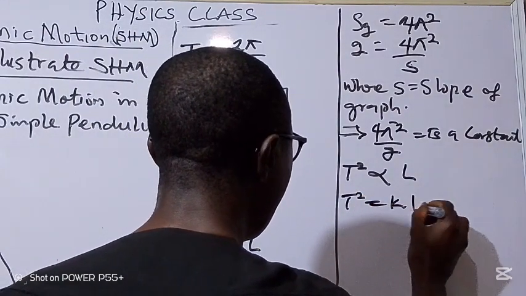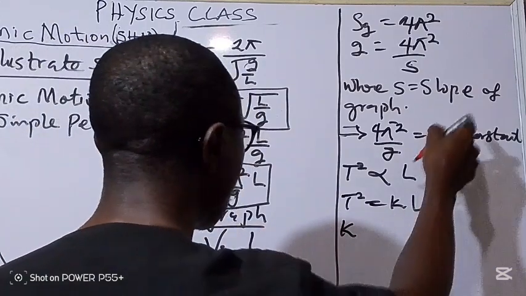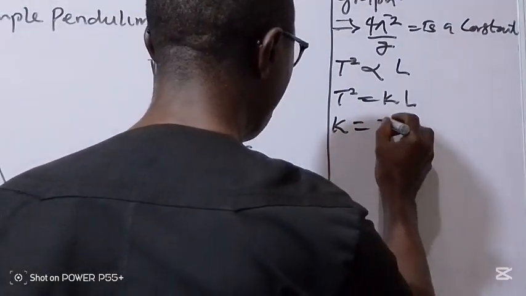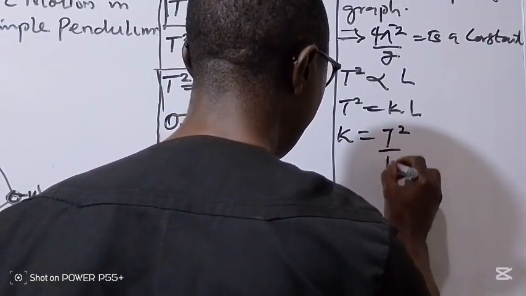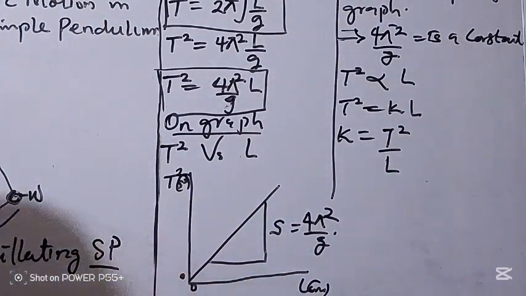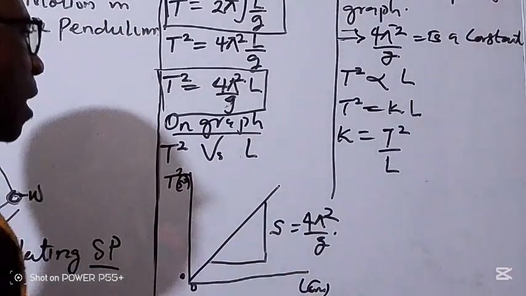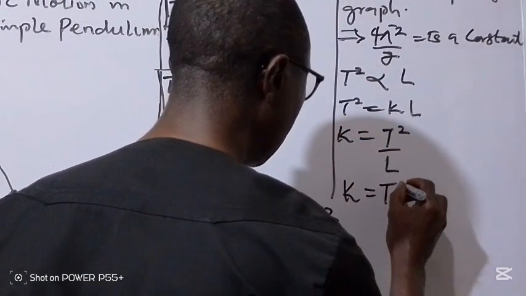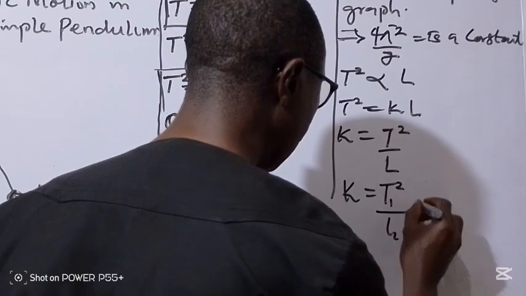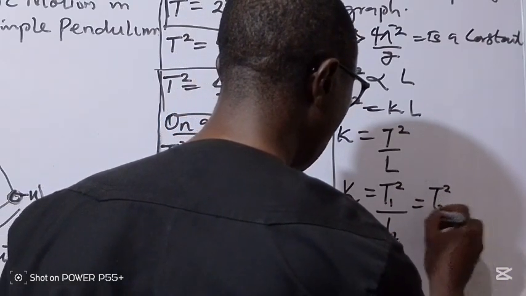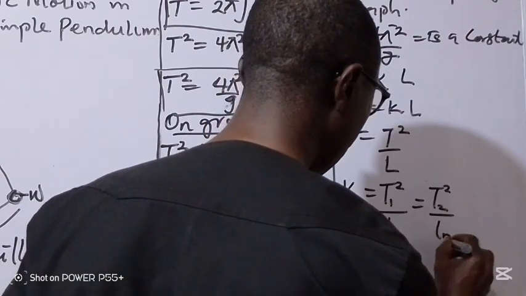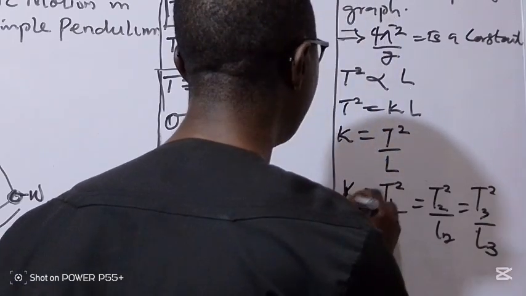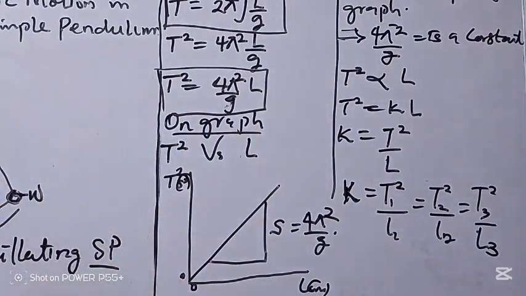Then our K, which is a constant, that is the value of 4 pi squared over G, will be equal to t squared over L. Now, if this is put into an experiment, we can have a series of t and L. So K can be equal to t1 squared over L1, equal to t2 squared over L2, equal to t3 squared over L3, depending on the number of times the experiment is performed, since K is a constant.